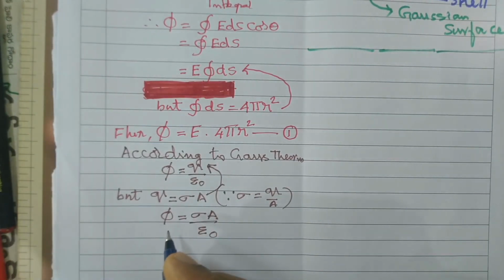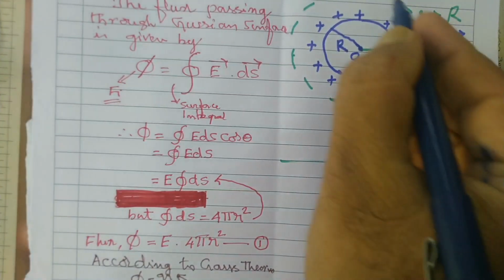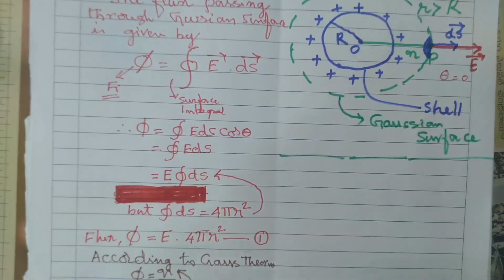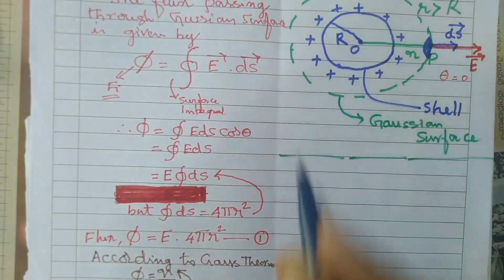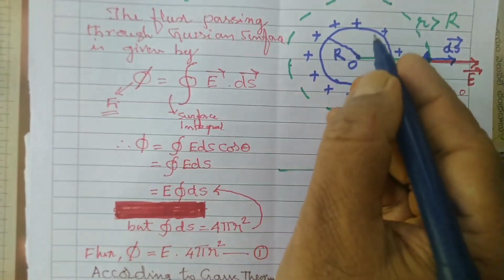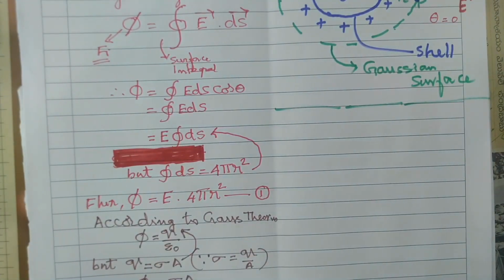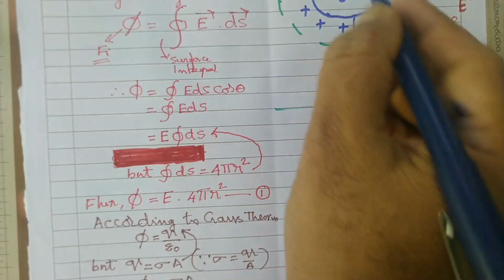I think you understood this sigma a and all those things. Here a stands for the area of the sphere. If r is the radius, what is the area of the sphere? Area of the sphere is equal to 4 pi r square. For clarity's sake, A is the area of the sphere. Why?